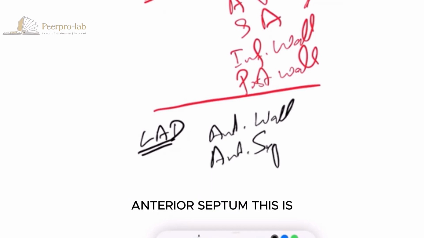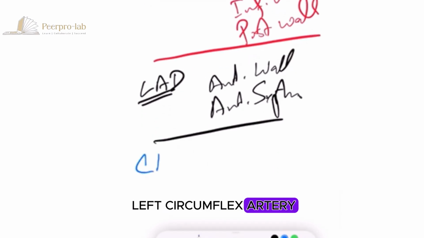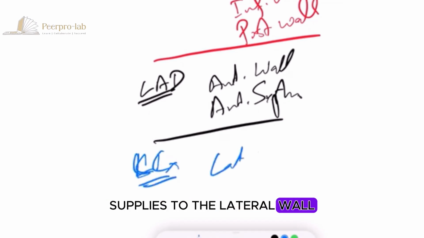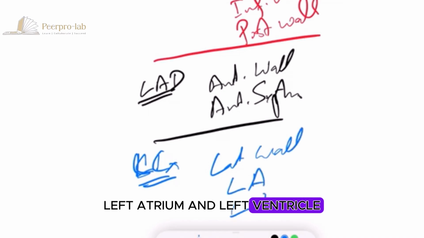Left anterior descending, anterior wall, anterior septum. This is the most important. Finish. Left circumflex artery supplies the lateral wall, which includes the left atrium and left ventricle.